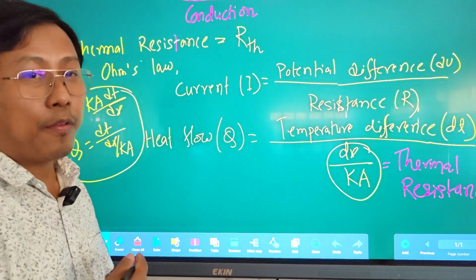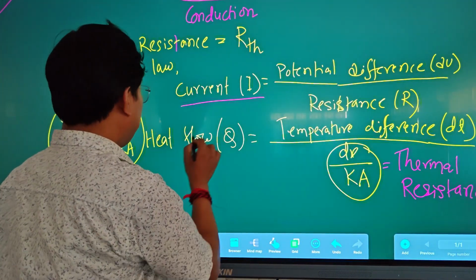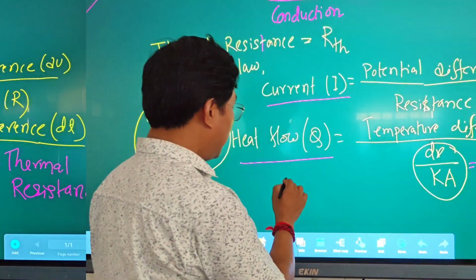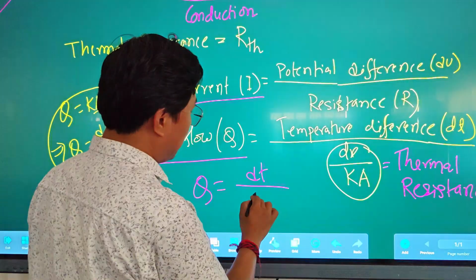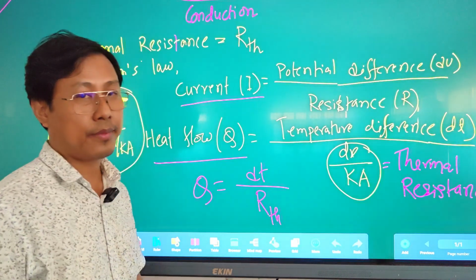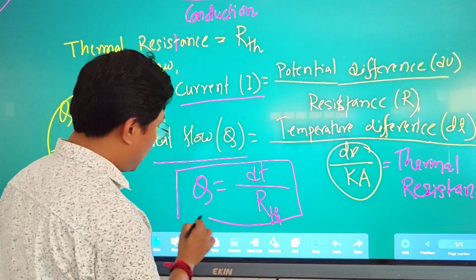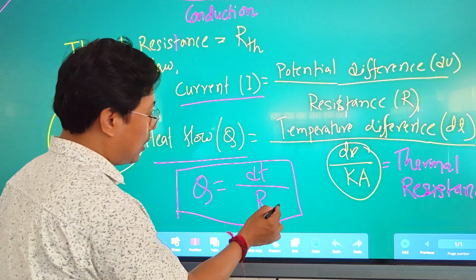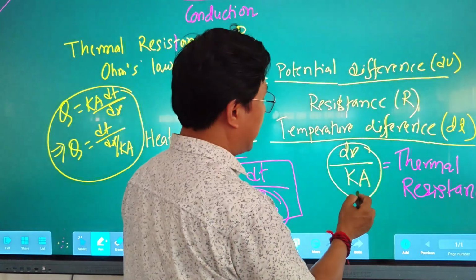So we have found out the analogy between electric current and the heat flow. Finally, we have got Q equals temperature difference by RTH, thermal resistance. So from this equation we have the concept of thermal resistance, which is equal to dx by Ka.